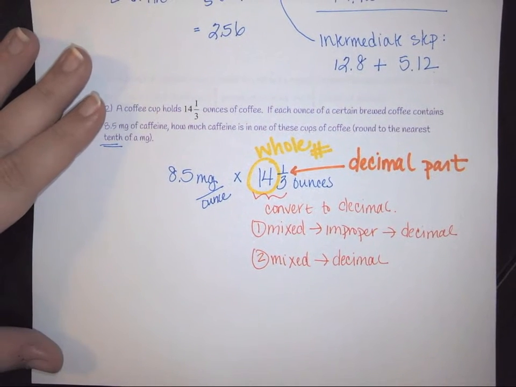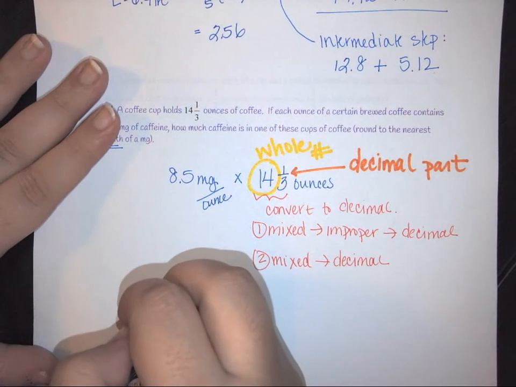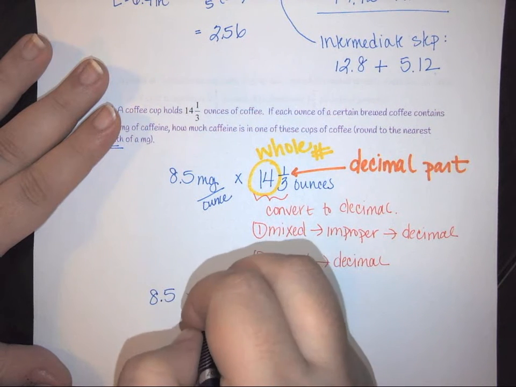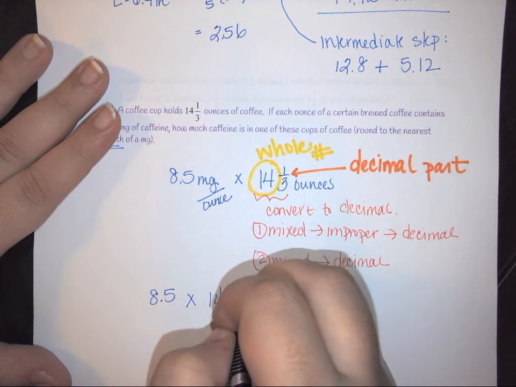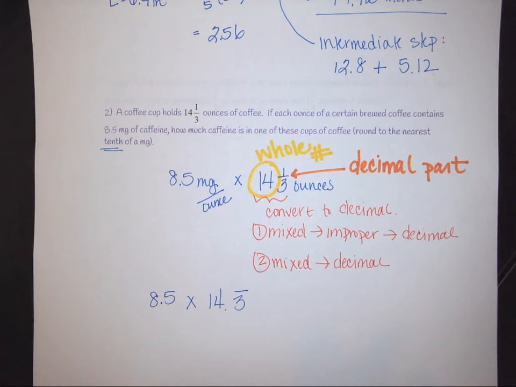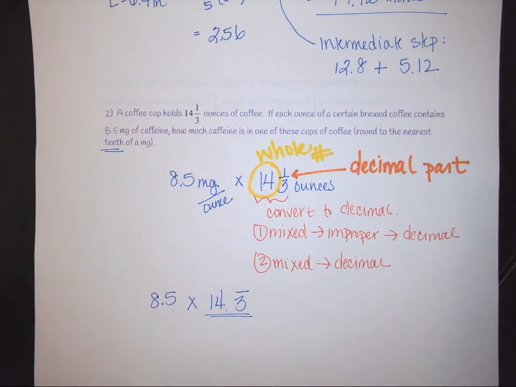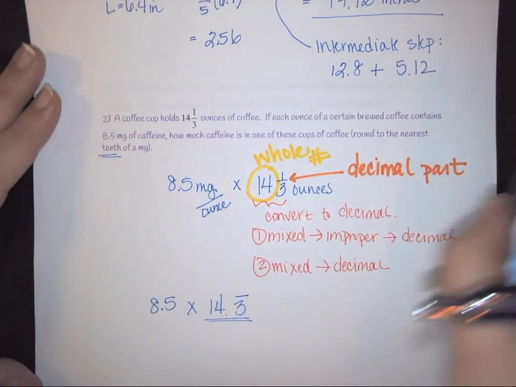So my actual problem here that I'm working with is going to be 8.5 times 14.3 repeating. So the smartest or easiest thing to do is to get this value here into your calculator.